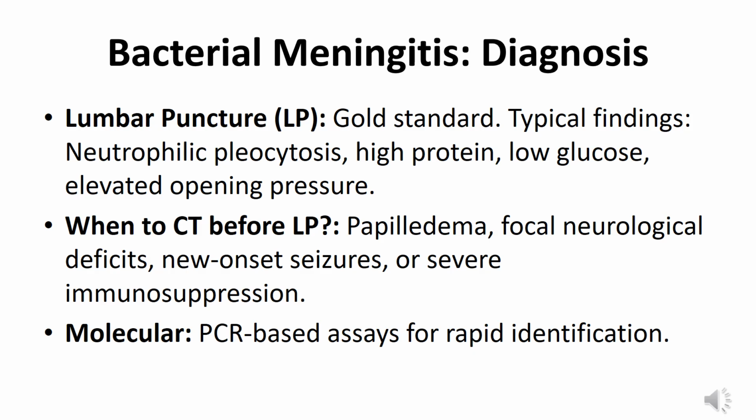The key message is simple: think fast, diagnose carefully, and never delay treatment unnecessarily. Lumbar puncture remains the cornerstone of diagnosis, while imaging and molecular tools help clinicians make safer and more accurate decisions. In bacterial meningitis, every hour matters, and prompt action saves lives.